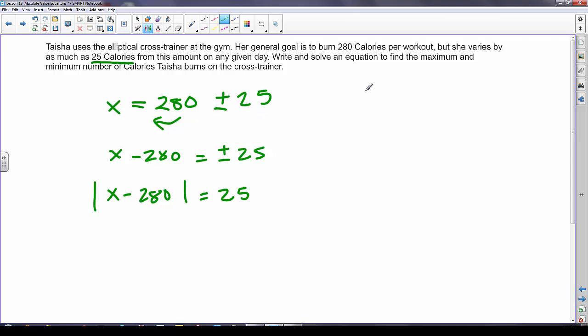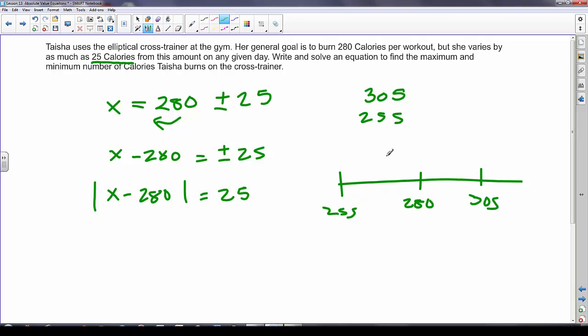So my answers are going to be 305 and then 255. And you'll notice that if I compare that with 280, they're 25 above and below. So we kind of work backwards to write those equations.